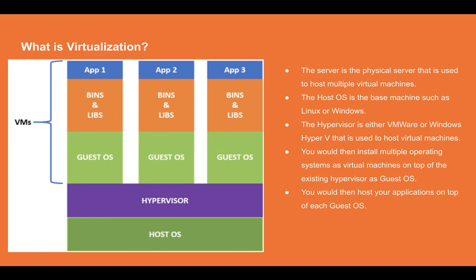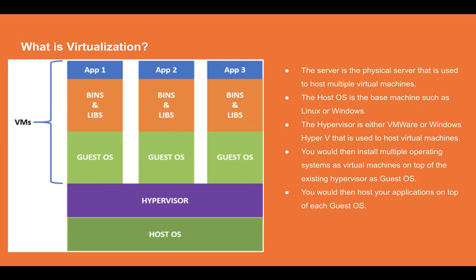In this diagram, you can see we have 3 virtual machines. Inside one virtual machine, we need to install an operating system that we call the guest operating system. It can be any operating system: Linux, Mac, Windows, CentOS, anything.